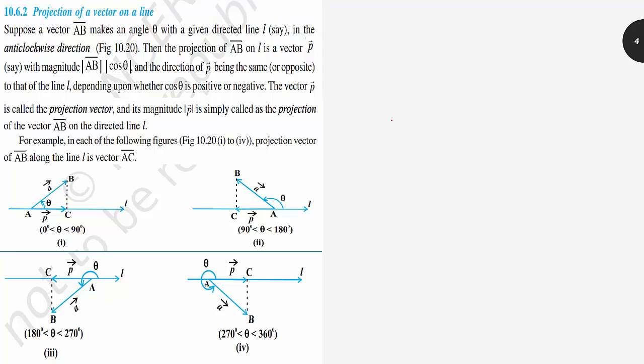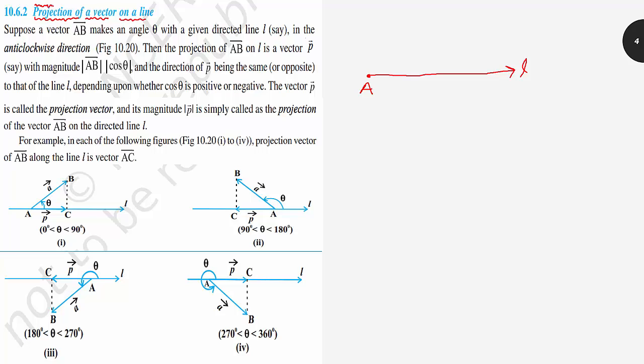Okay students, so here we are going to study projection of a vector on a line. First you understand this. What is projection of a vector on a line? There will be a line like this. I will call it L, and this I will take as A. Now I want to learn projection.